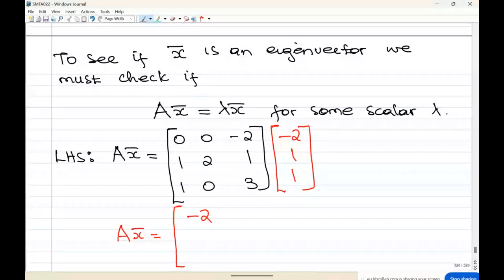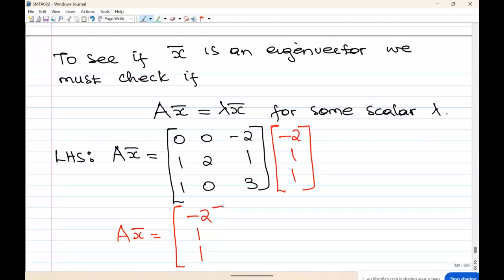It's minus 2. Row number 2 multiplied by that column: minus 2 times 1 is minus 2, plus 2, plus 1. It's 1. Then row number 3: it's also equal to 1.